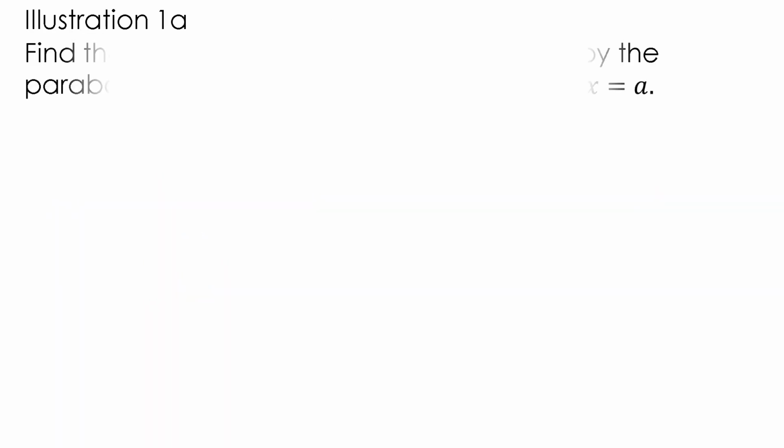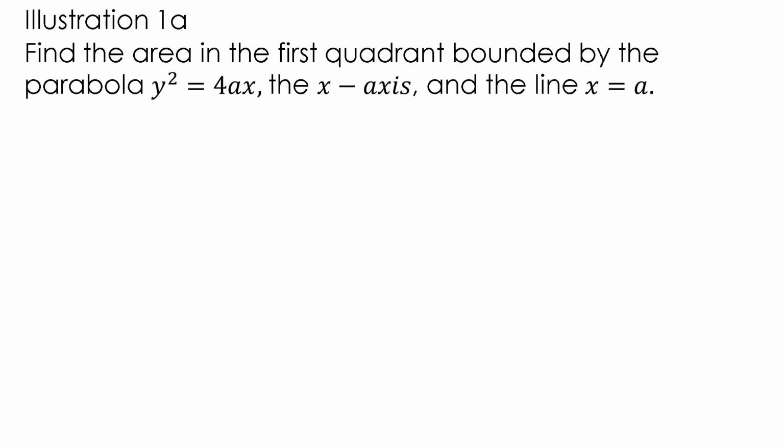Let us solve for the first quadrant area bounded by the parabola y squared is equal to 4ax, the x-axis and the line x is equal to a. The parabola y squared is equal to 4ax is a parabola that opens to the right with a vertex at the origin.